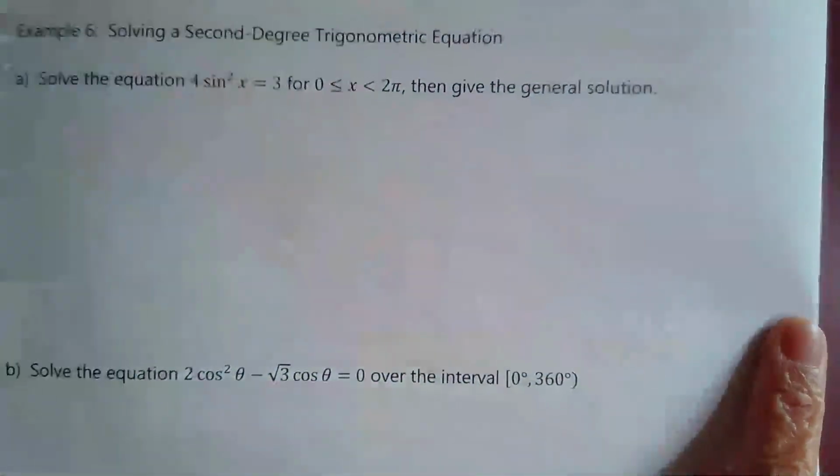All of these notes are going to be on the blog, so if you didn't catch everything, it will be there. Now we're going to go to the next page, which is page 7.